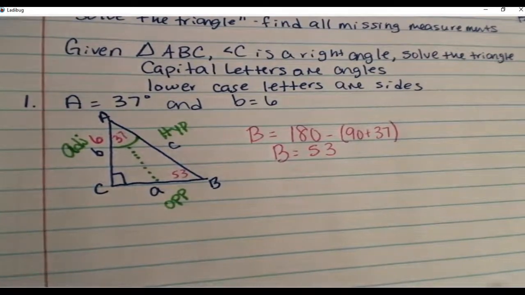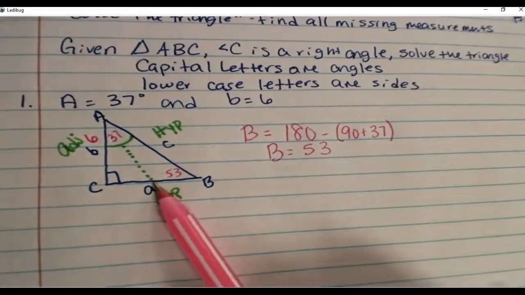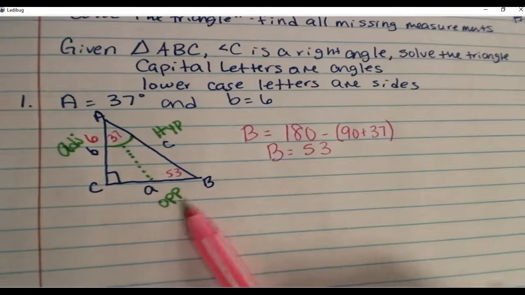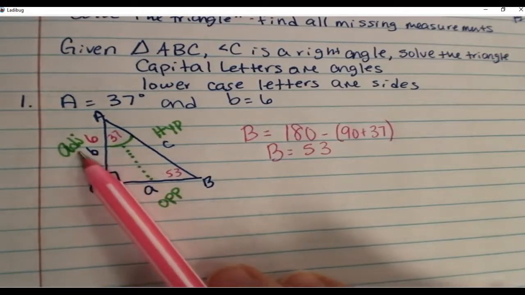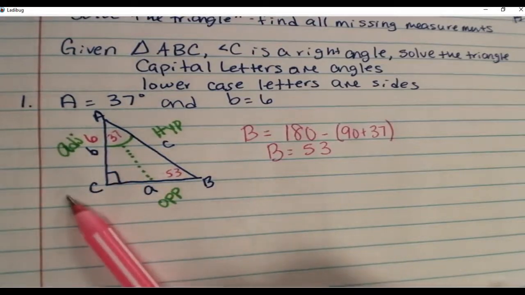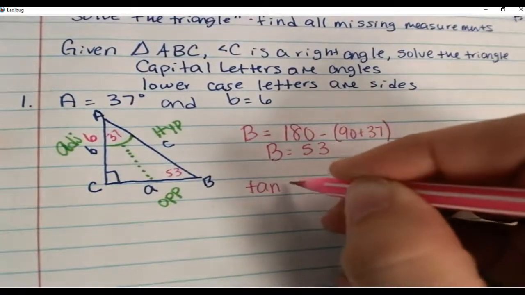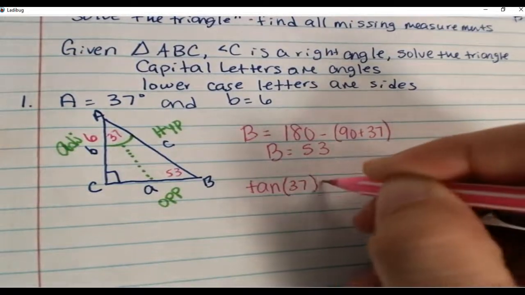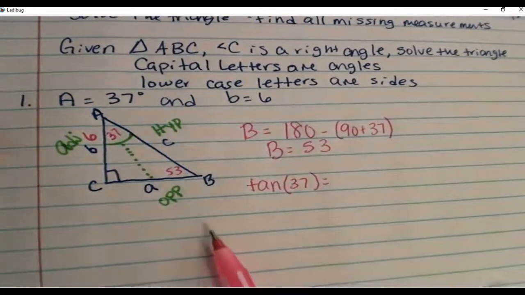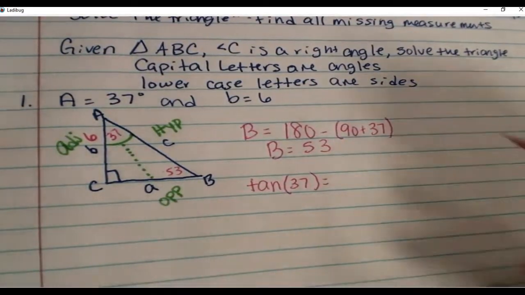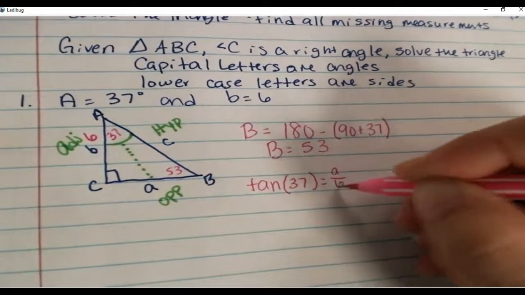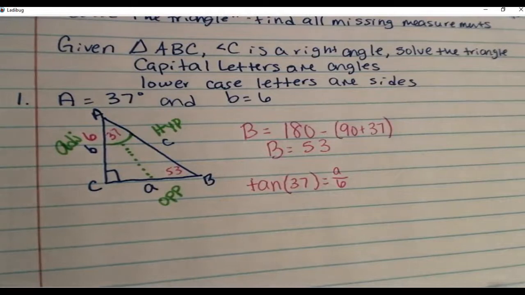Now we want to find A, we want to find C, whichever one you want to find first. Let's go ahead and find A. If I want to find little a, I know that's the opposite. The only side I know is adjacent. So which trig function is opposite and adjacent? Tan. Good. So we want to do tan of our angle, which is 37, equals opposite over adjacent, so little a over 6. And then this one's easy, same thing we did yesterday.